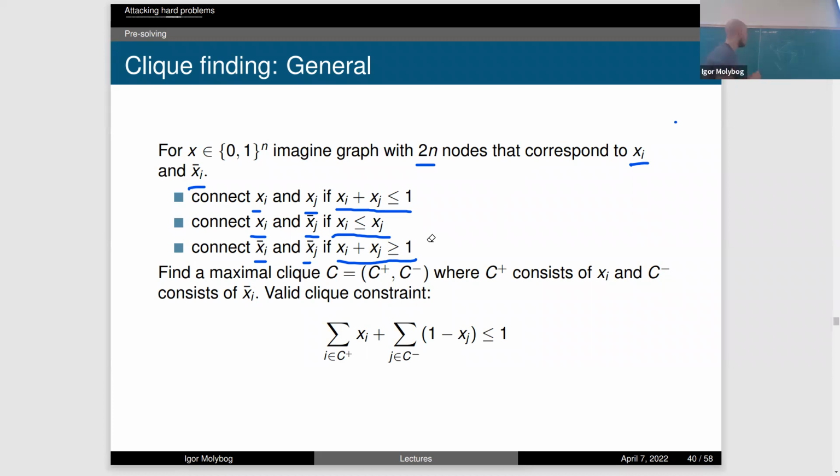For example, these 3 nodes form a clique, because from any node to any node there is a direct edge. And this part right here is also a clique, but a larger one. It has 4 nodes instead of 3. A maximal clique is a clique of maximal size, so it's a subgraph in a graph such that all of the nodes are interconnected.